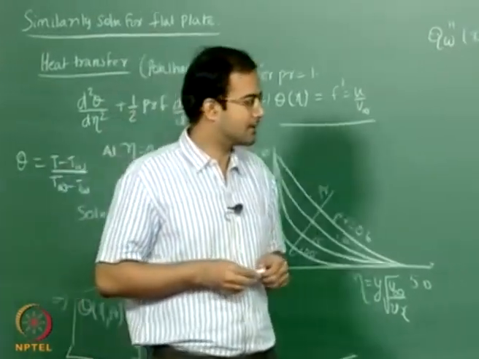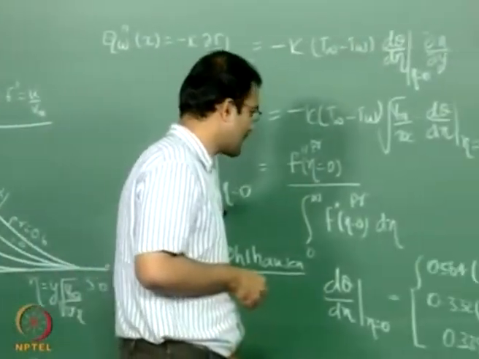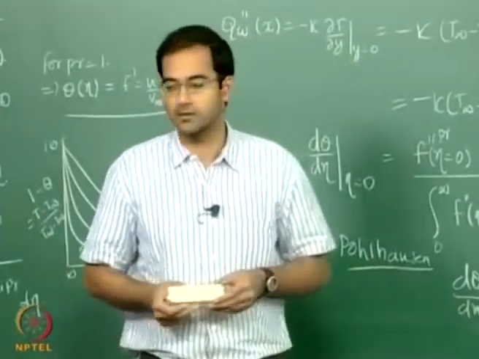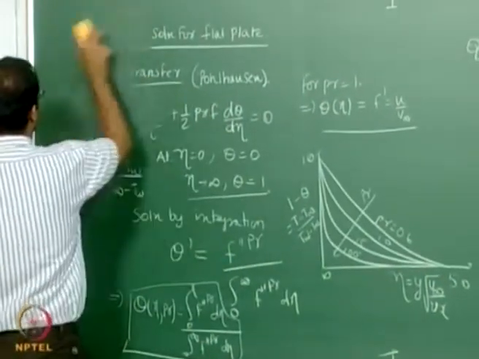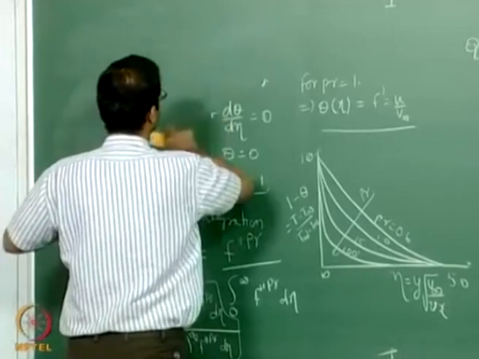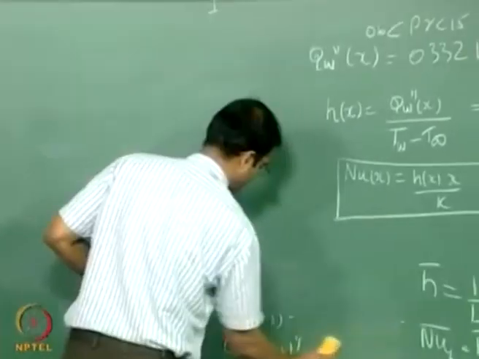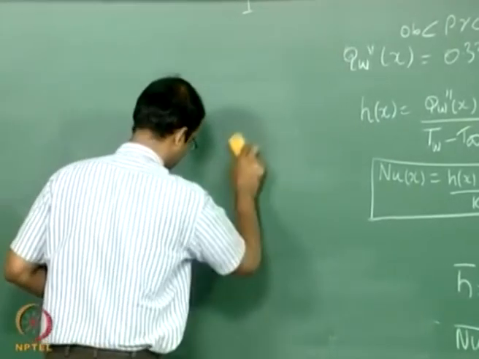These type of flows are called Falkner-Skan flows. Let me just give you an introduction to the Falkner-Skan type of flows before we go into the similarity solution. So any questions so far?